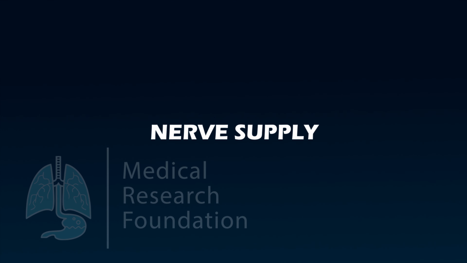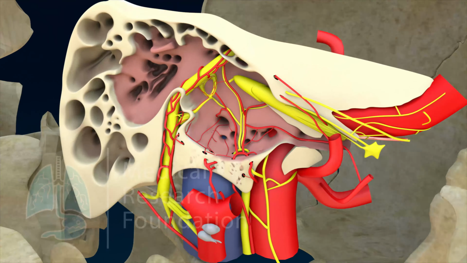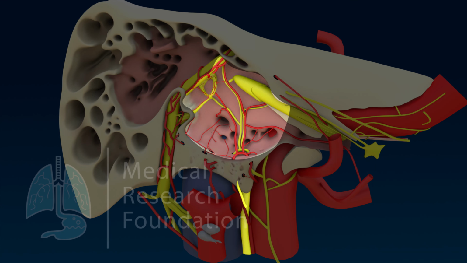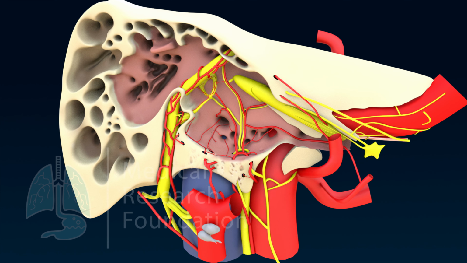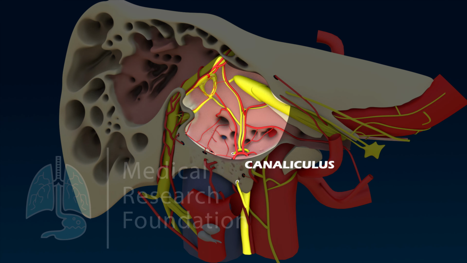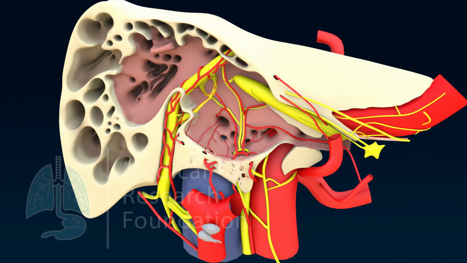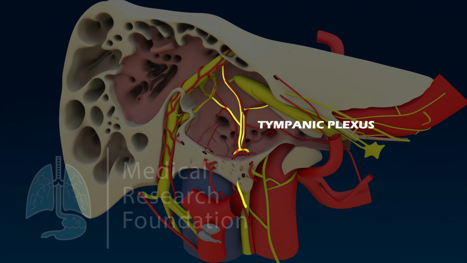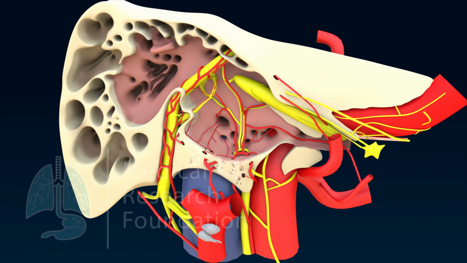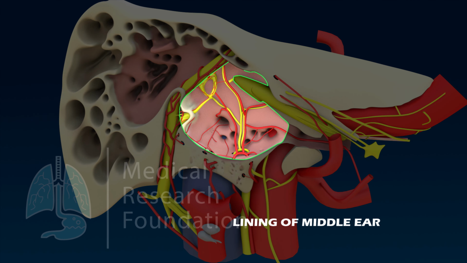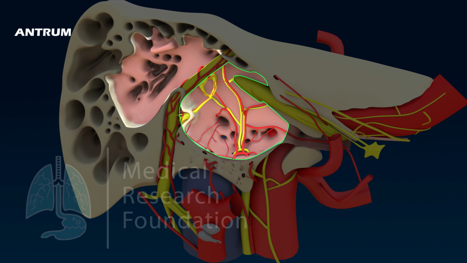Nerve supply. Tympanic branch of the glossopharyngeal nerve. It enters the middle ear through a canaliculus in the floor of the tympanic cavity and takes part in the formation of the tympanic plexus. It provides sensory supply to the lining of the middle ear, antrum, and auditory tube.